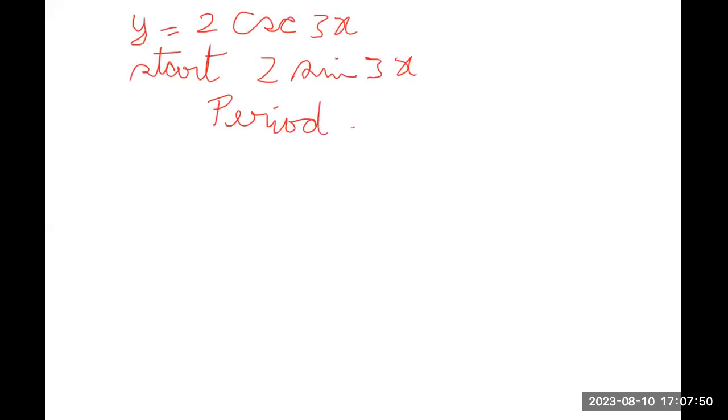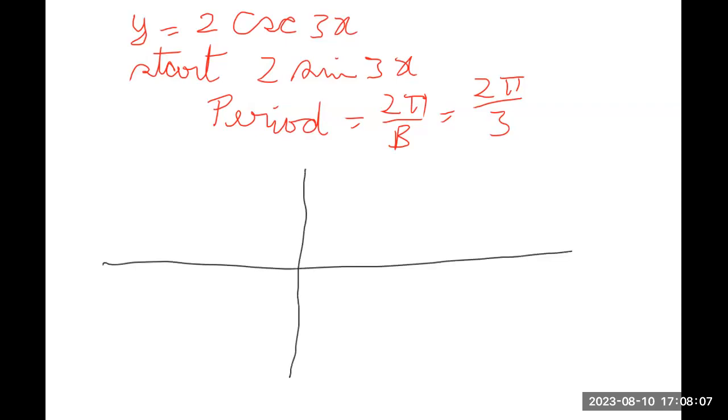It's 2 pi over b, so 2 pi over 3. And it's a positive cosecant function, so a positive sine function. So the graph looks like this.